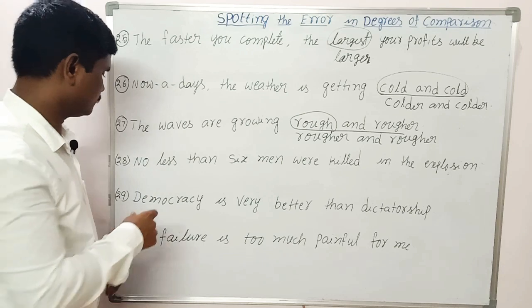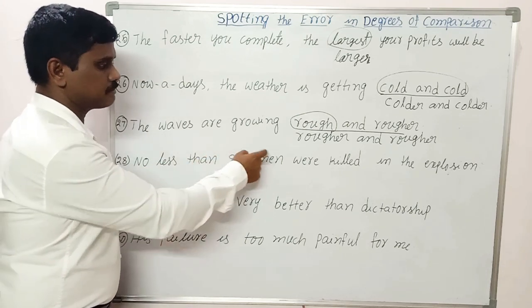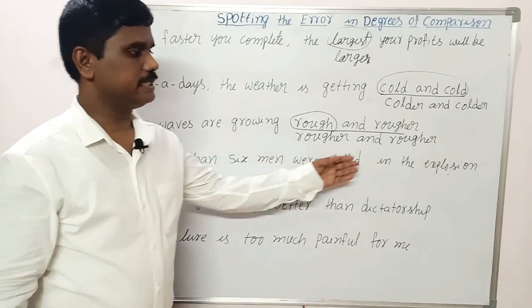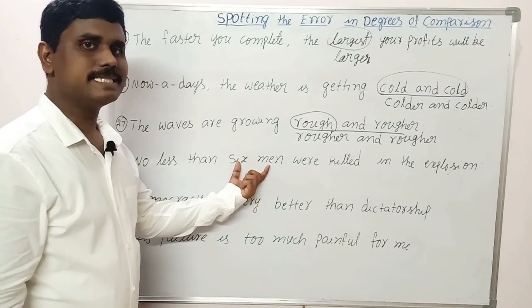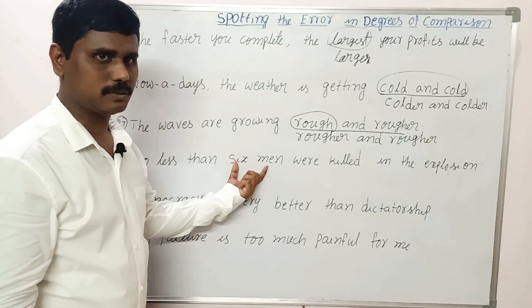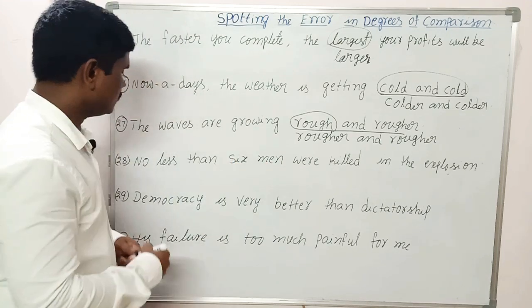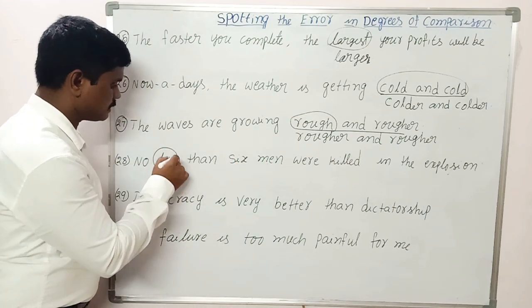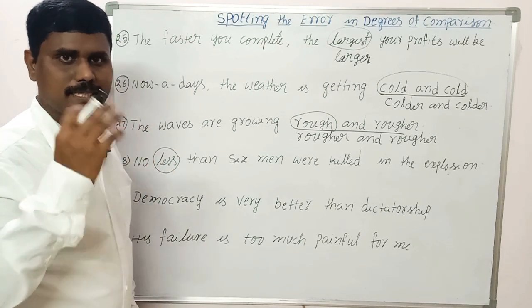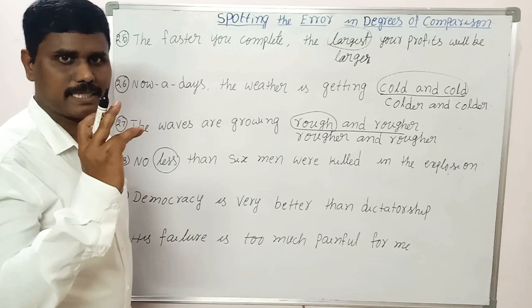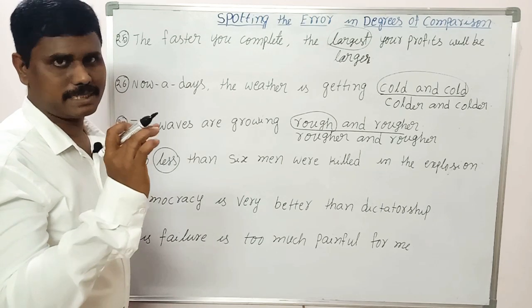Now let us see another sentence. Most important. No less than 6 men were killed in the explosion. No less than 6 men. How many? 6. That means a countable noun. When there is the countable, we should not use less. Little, less, least: little adjective 1, less adjective 2, least adjective 3.